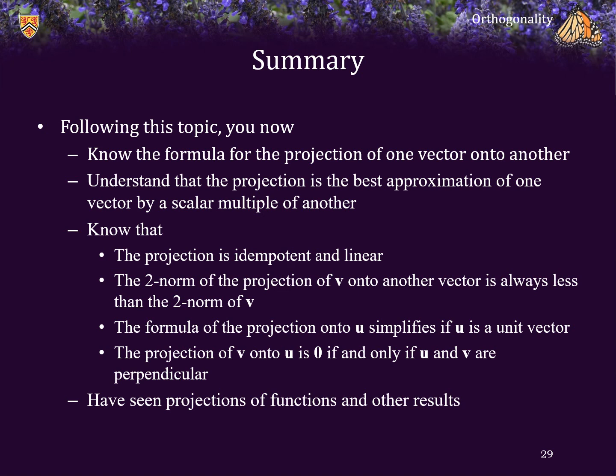You know that the formula for the projection onto u simplifies if u is a unit vector, as the denominator is no longer required. Also, the projection of v onto u is the 0 vector if and only if u and v are perpendicular. You've also seen the projection of functions and other interesting results.